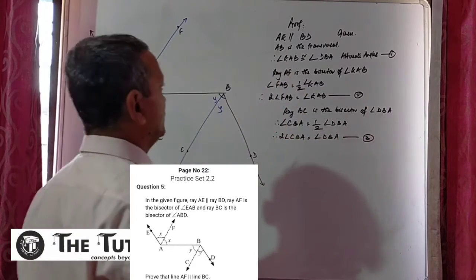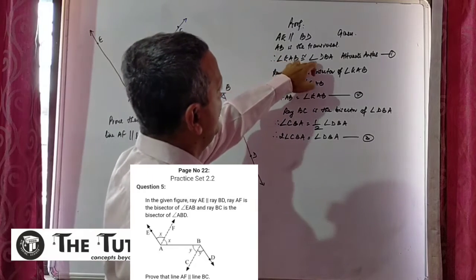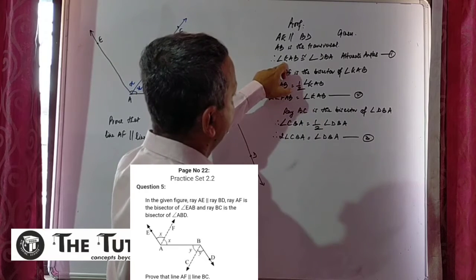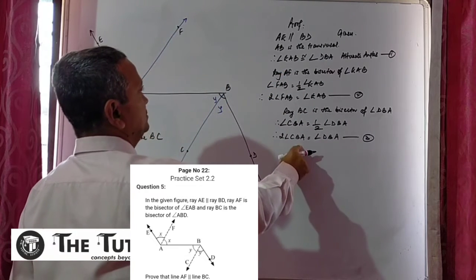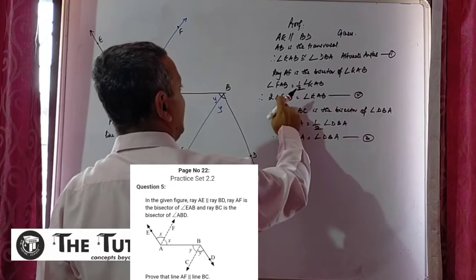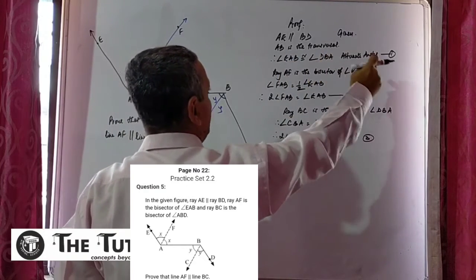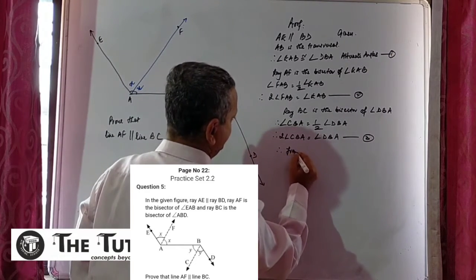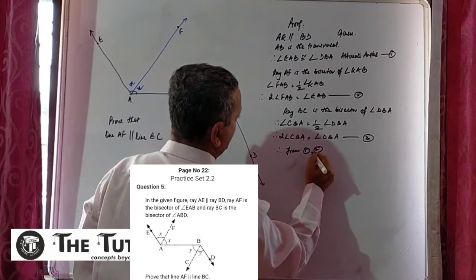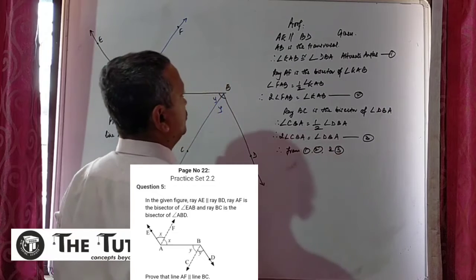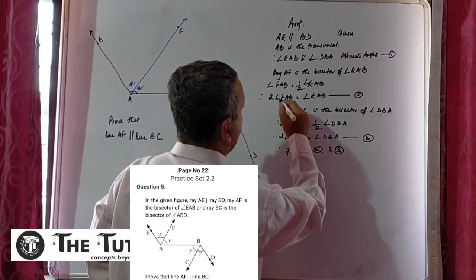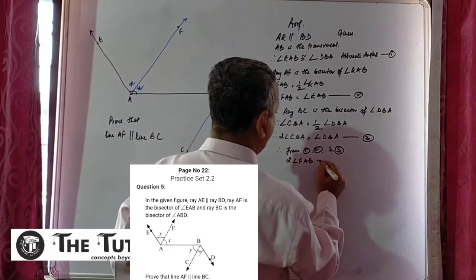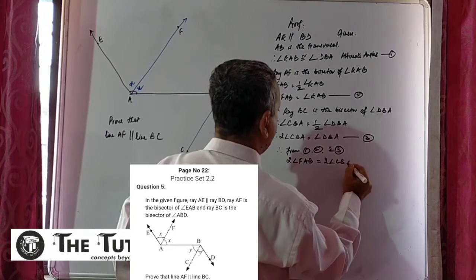Name this as third. Now angle EAB is congruent to angle DBA. Two angle FAB is equal to angle EAB. Two angle CBA is equal to angle DBA. This angle is equal to this, this angle is equal to this, so from steps 1, 2 and 3 we get that two angle FAB is equal to twice angle CBA.